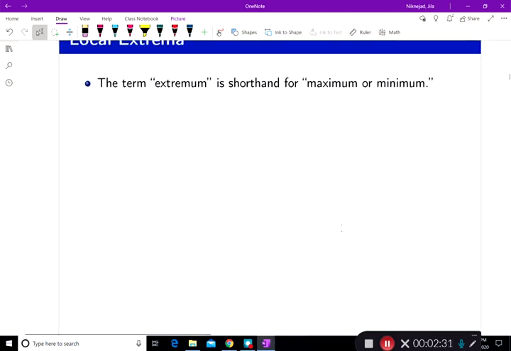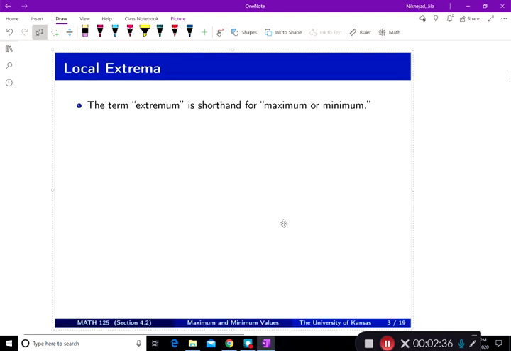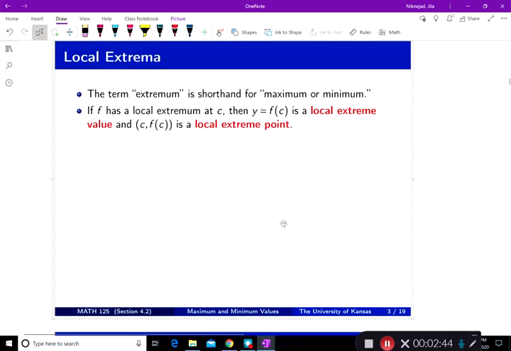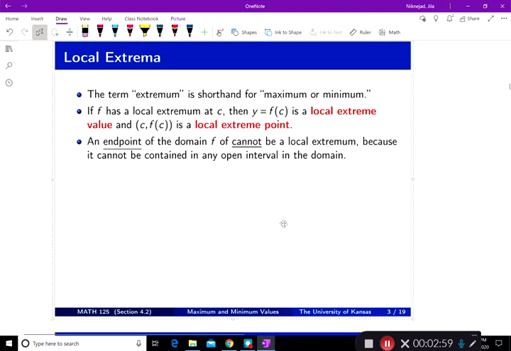Now, a term you hear a lot of times, extremum, is shorthand for maximum or minimum. So when we're talking about a local extremum at c, then y equal to f of c is a local extremum value, and c and f of c is a local extremum point.